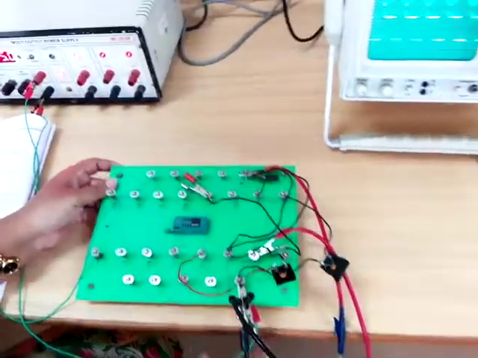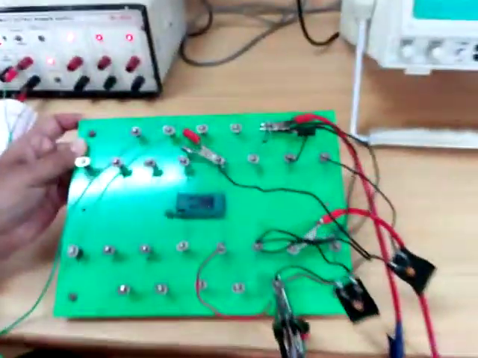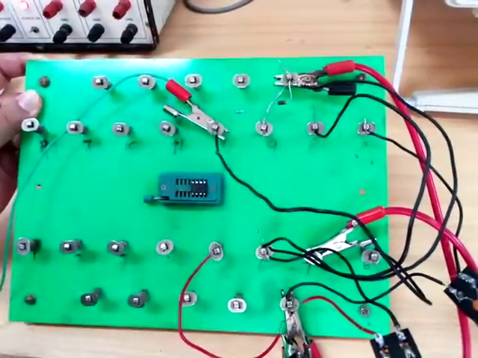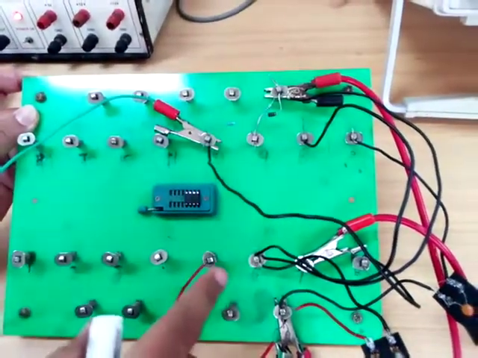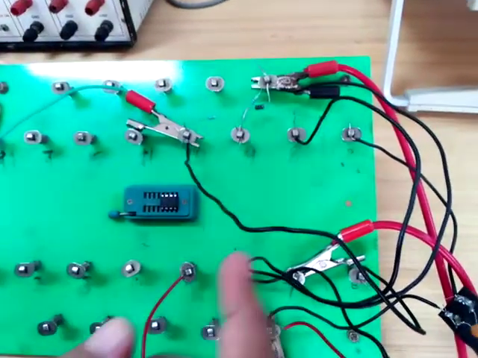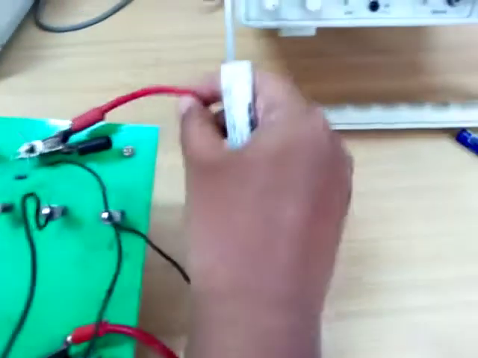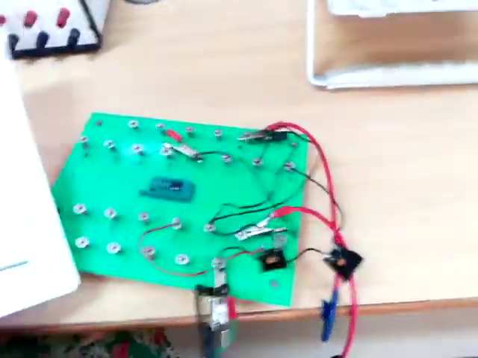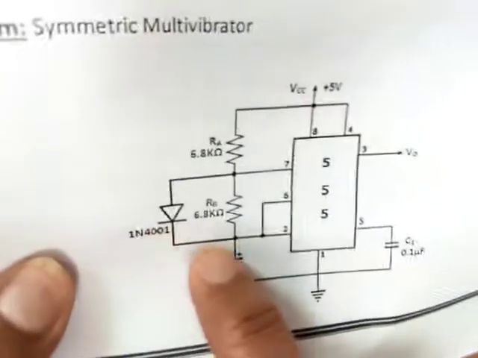To observe the capacitor waveform, I have connected the probe to pin number 2, or to the diode. That is this point, pin number 2 only, the negative of the diode.